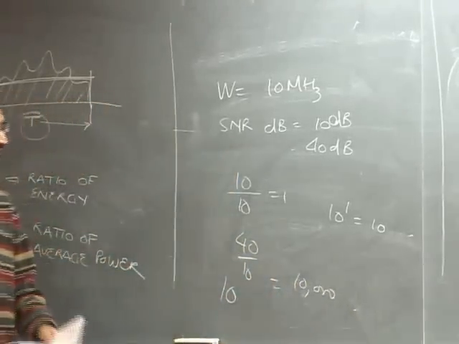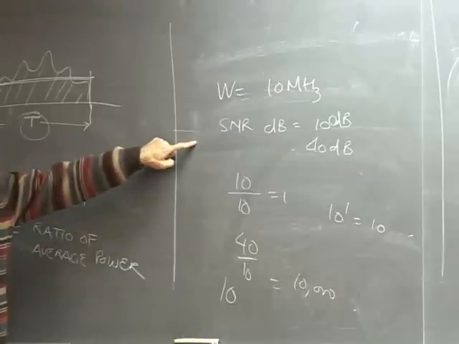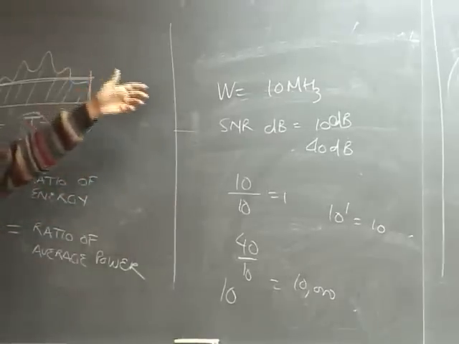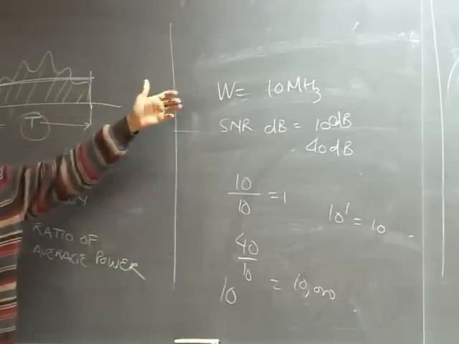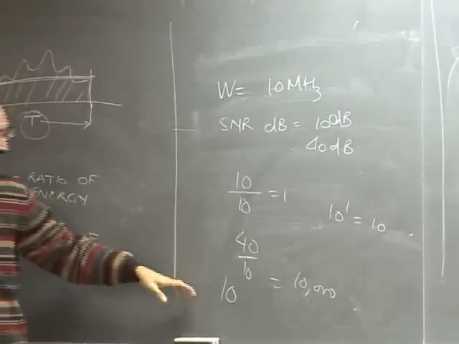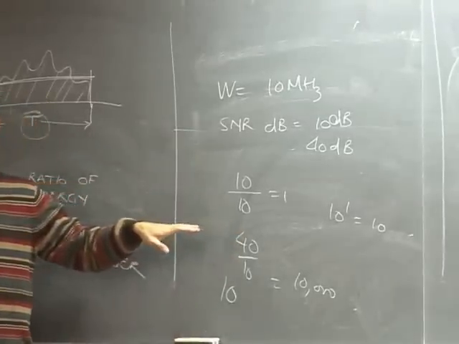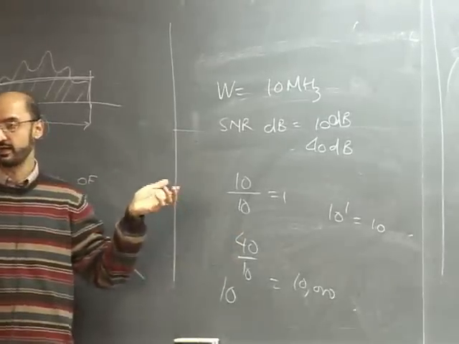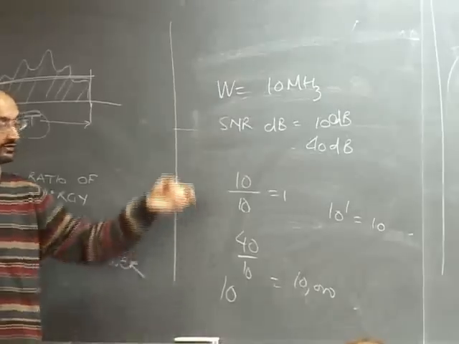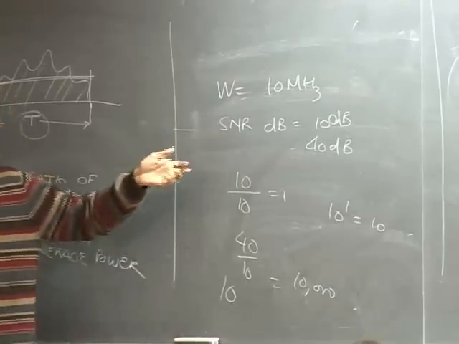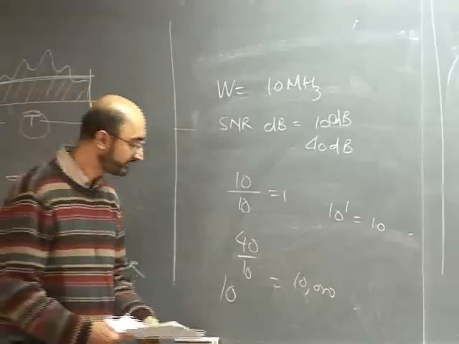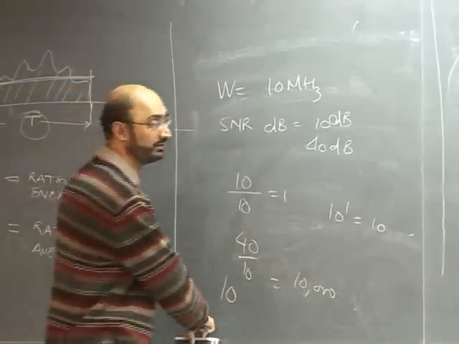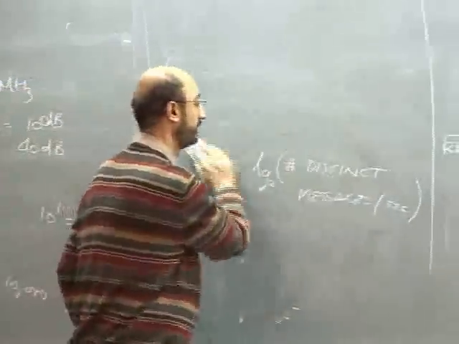In the first case with 10 dB, the signal has 10 times the power of the noise. In the second case, the signal is on average 10,000 times as powerful as the noise. So 40 dB is a lot. 10 dB is only 10 times. What is the corresponding information rate? Well, we can just plug it in over here.